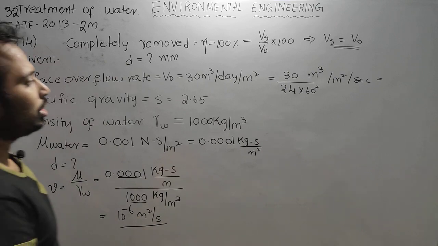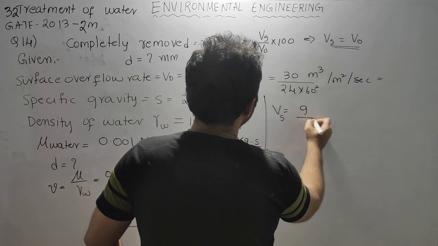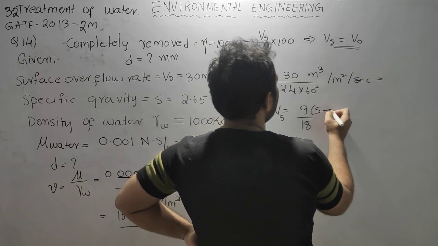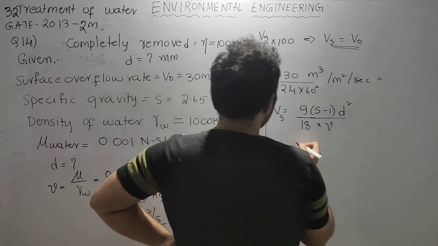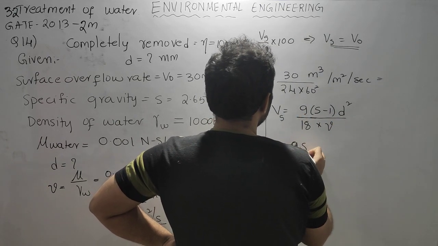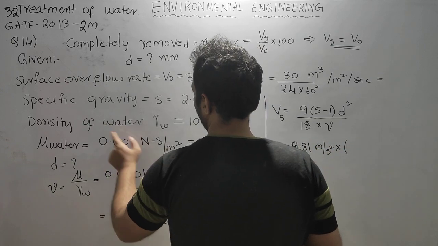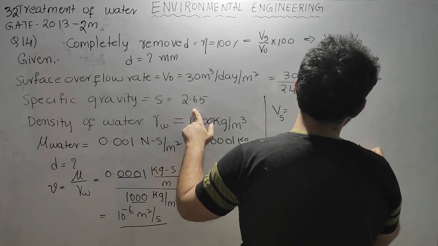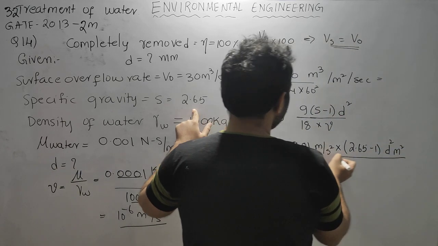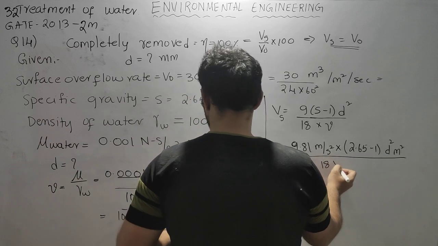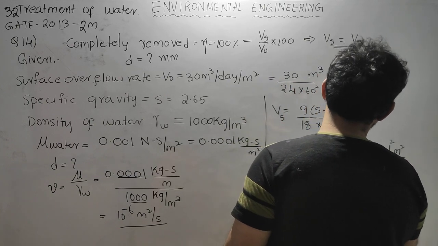Now we know Stokes law: Vs is equal to g by 18 into (S minus 1) into D square by nu. g is 9.81 meter per second square, specific gravity is 2.65, so 2.65 minus 1, times D square in meter square, by 18 into 10 to the power of minus 6 meter square per second.